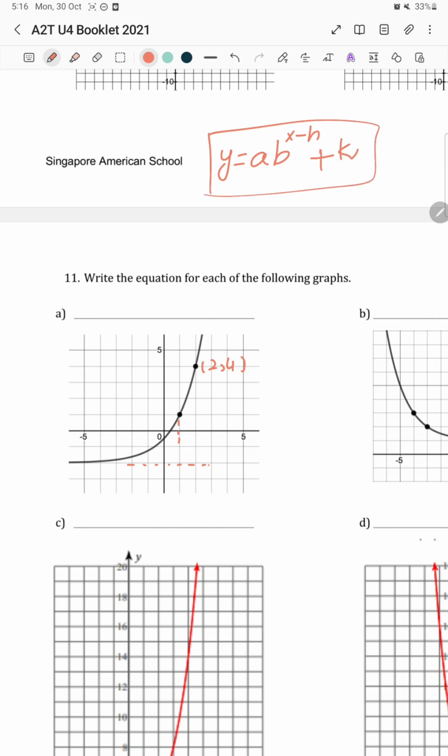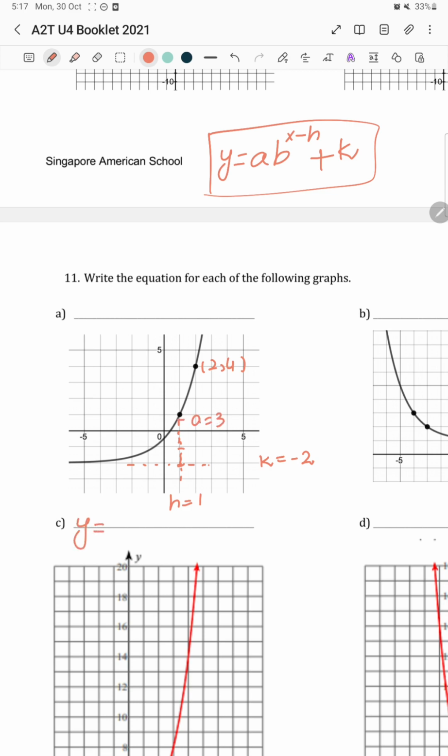Okay, so in question number 1, here this is -2, so k is equal to -2. Here it is 1, so h is equal to 1. The distance is 1, 2, 3, so a is equal to 3. So let's use the equation.